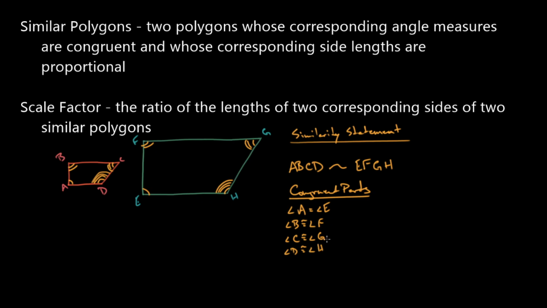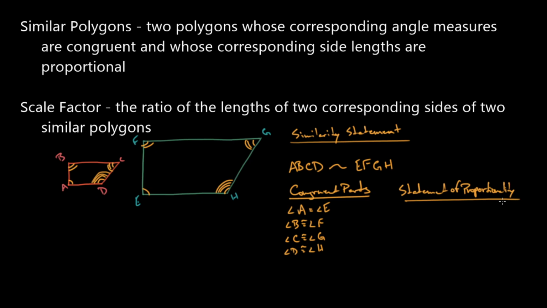And then I have one more thing, which alludes to this second part here, whose corresponding side lengths are proportional. I have what's called my statement of proportionality. So my statement of proportionality is, well, a proportion. It's going to be a set of ratios that are all going to be equal to each other.